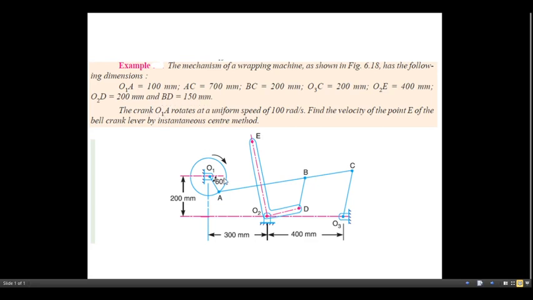The crank O1A rotates at a uniform speed of 100 radian per second. Find the velocity of the point E of the bell crank lever by instantaneous center method.